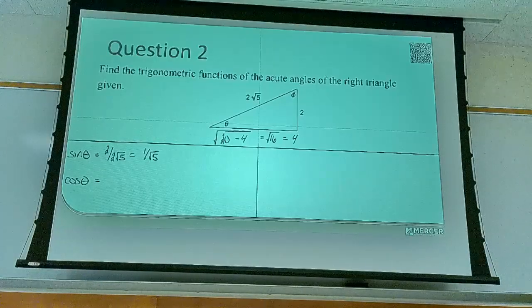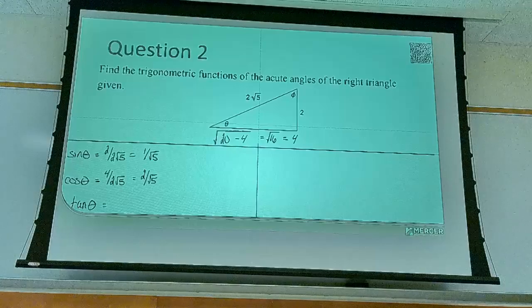Cosine of theta. 4 over... simplify it. Tangent.